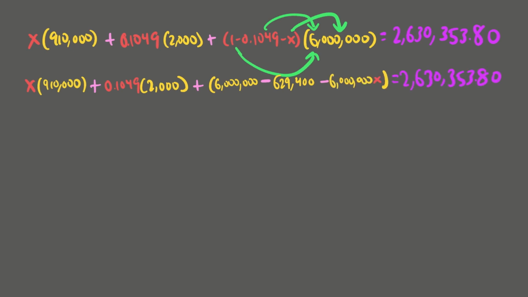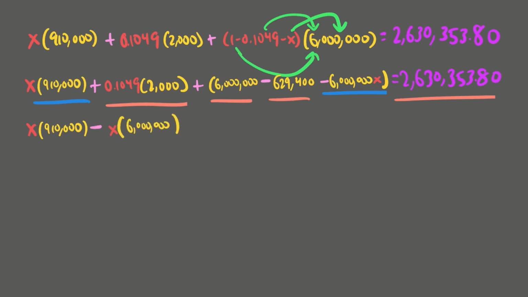2,630,353.8. To solve this equation for x, we would first combine like terms by moving all the values with x to one side of the equation and constants to the other side. We get x times 910,000 minus x times 6 million equals 2,630,353.8 minus 0.1049 times 2,000 minus 6 million plus 629,400.